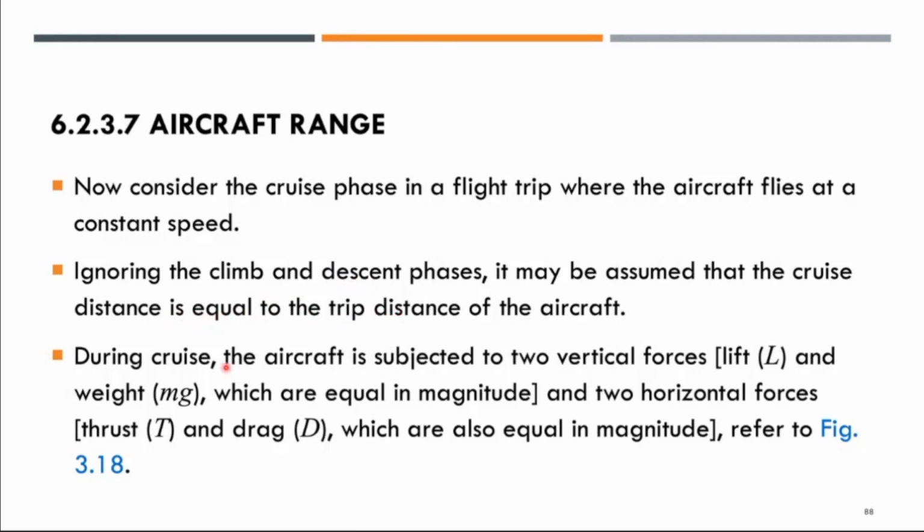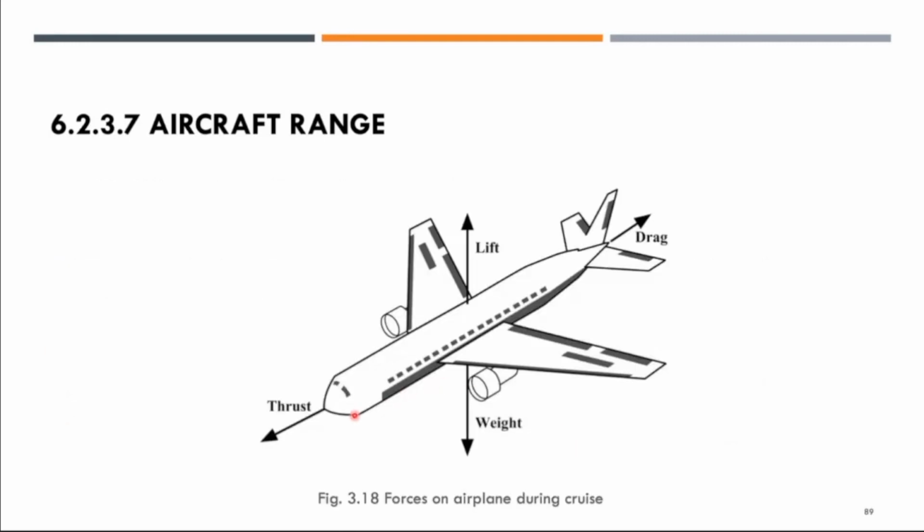During cruise, the aircraft is subjected to two vertical forces, the lift and the weight, which are equal in magnitude, and two horizontal forces, the thrust and the drag, which are also equal in magnitude, as shown schematically in this diagram. So the lift is equal and opposite in direction to the weight. The thrust is equal and opposite in direction to the drag.